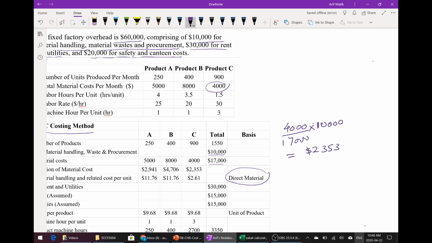Then divide by the number of units produced: $2,353 divided by 900 gives $2.61 per unit.